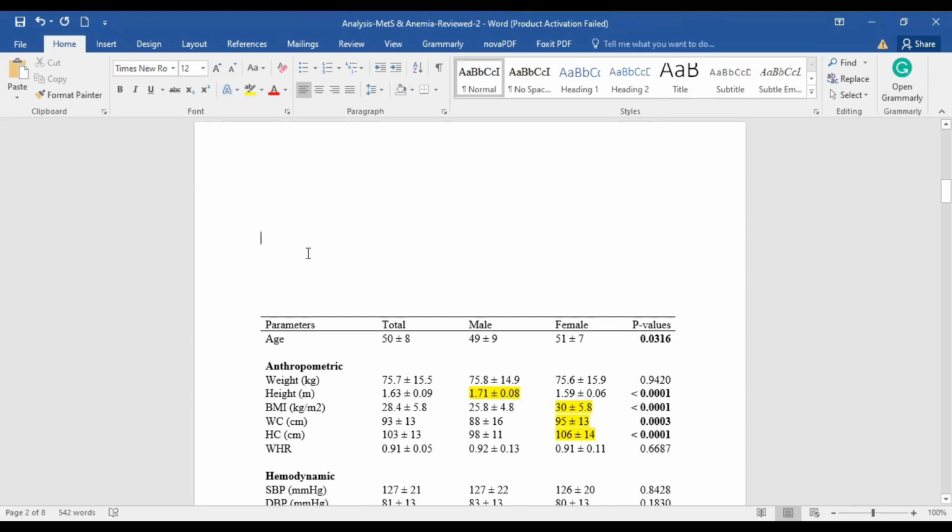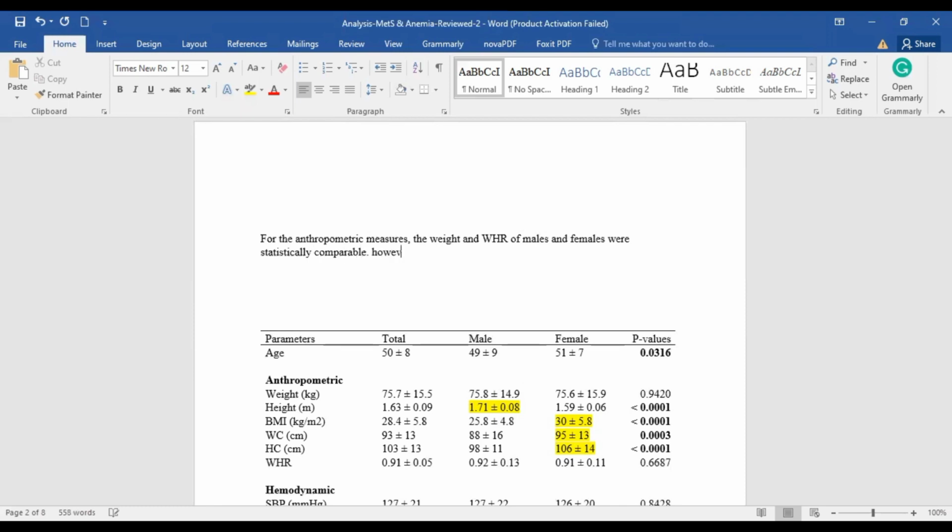So we'll say that the anthropometric measures, the weight and waist to hip ratio of males and females were statistically comparable.